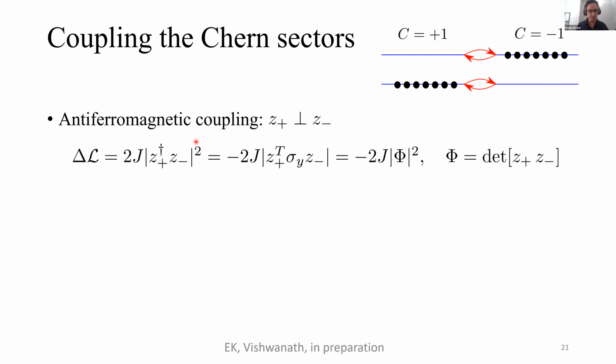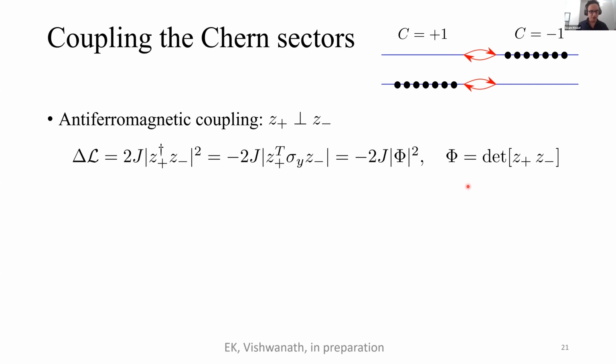We can rewrite this term that selects for the antiferromagnetic coupling using a Fierz identity, as a condition of maximizing the determinant of a certain matrix. This is a 2 by 2 matrix because this is a two-component column vector and this is a two-component column vector. And the condition of maximizing this determinant is precisely the condition that these two are orthogonal if we fix their norm.